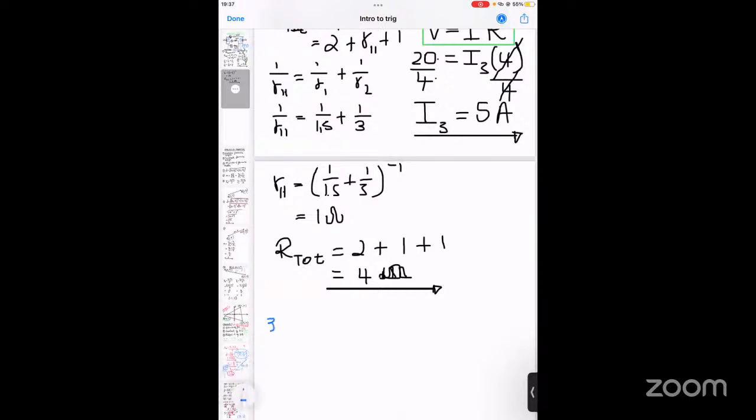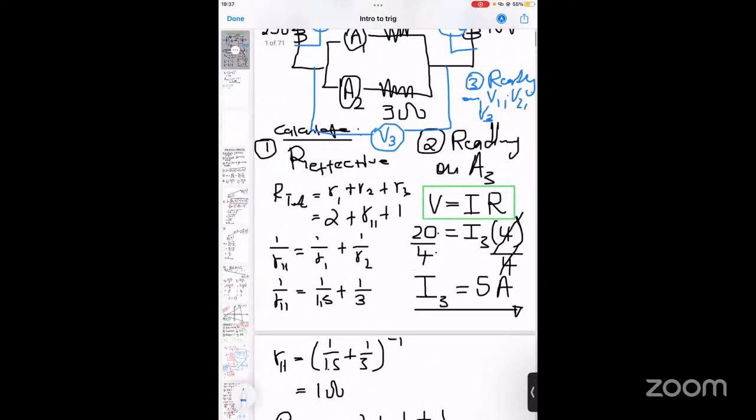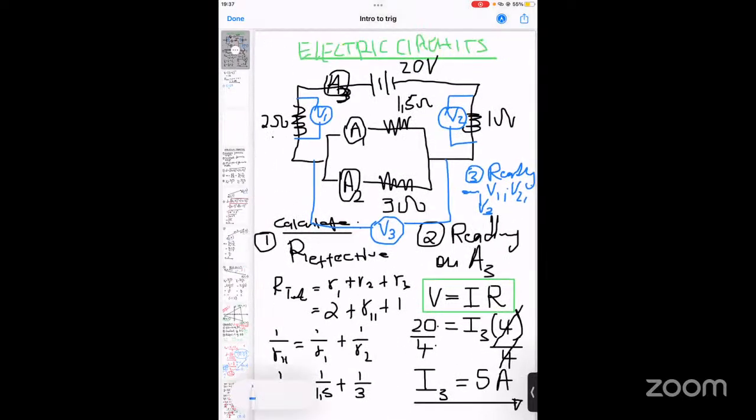So we will say the reading on V1 should equal I times R. The question is, what is the current passing through V1, where V1 is connected? What you should remember is that the current that passes through there is the same as the one on A3. It only changes when it gets to the parallel, because it splits.